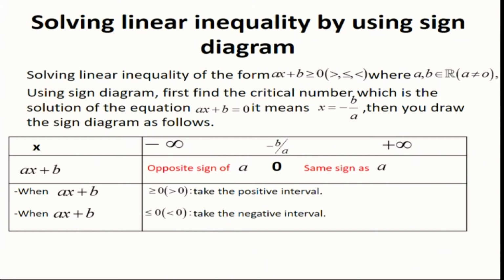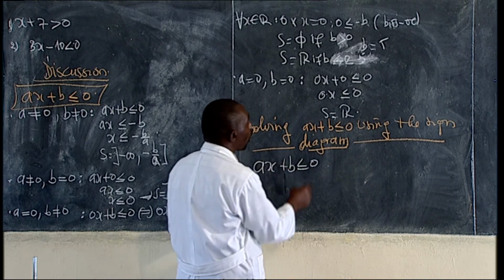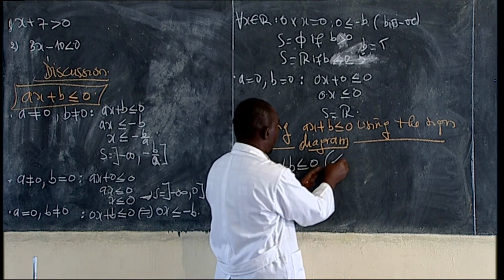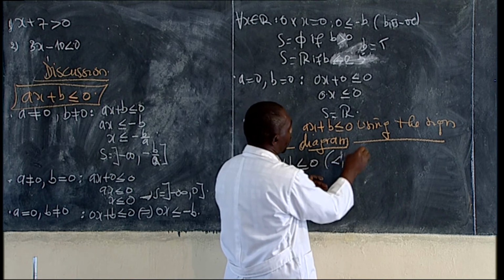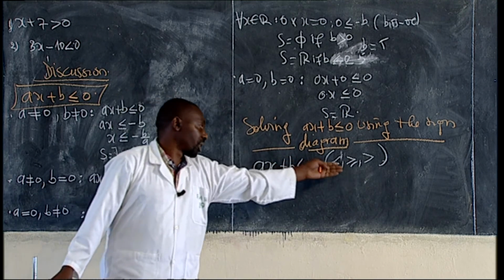So you have your inequality ax plus b less than or equal to 0. Of course, I can even take less than 0, greater than or equal to 0, or greater than 0. You can have different inequalities of this kind.